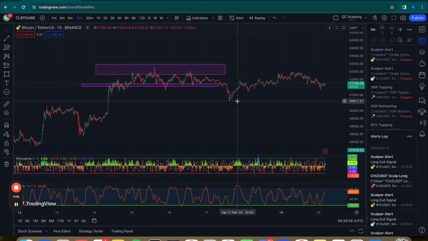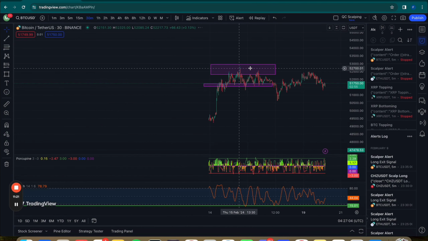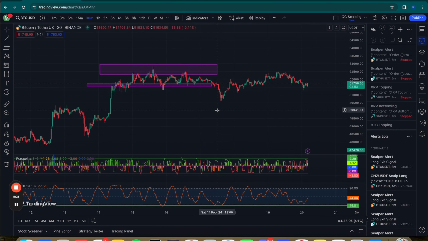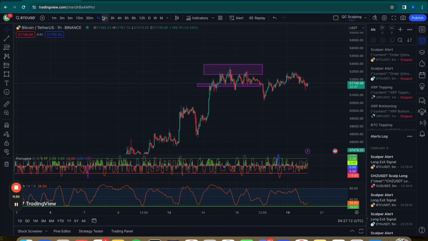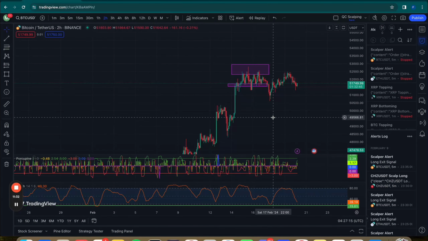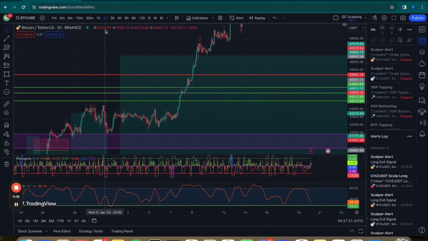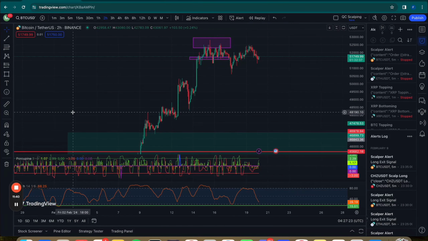So by having the 15-minute being low enough like this, the 30-minute also touching the line here twice actually, and then the 1 hour bottoming out, going up, even the 2 hour, right, bottoming out. The 2 hour hasn't been this low since here, which we don't even know where that is, right?